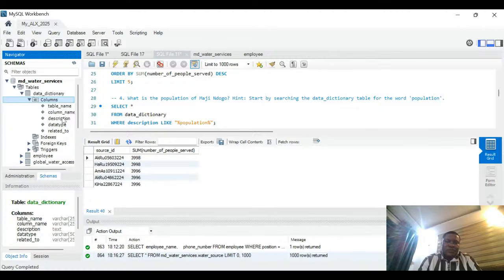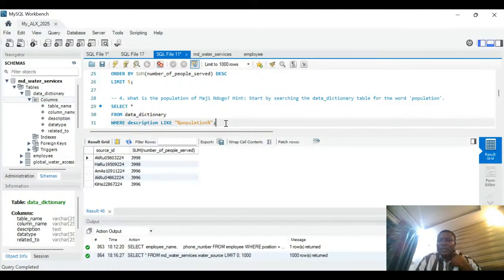That is it. So I wanted to look into the data dictionary where description is like population, whether it is in the middle or at the end, or beginning, I want that particular return to me.